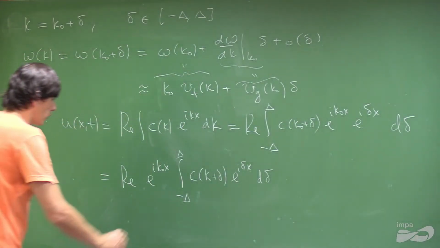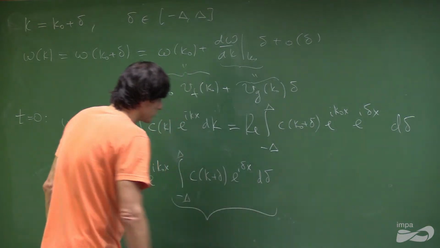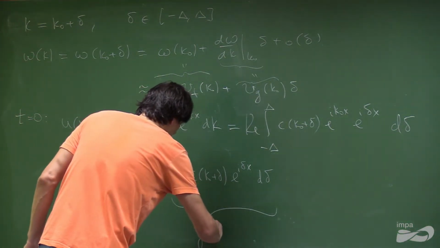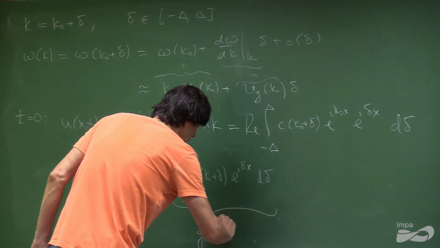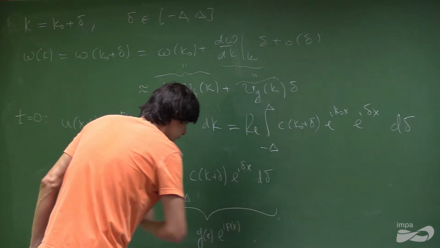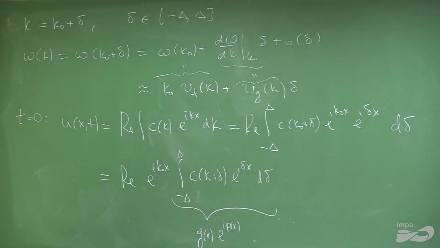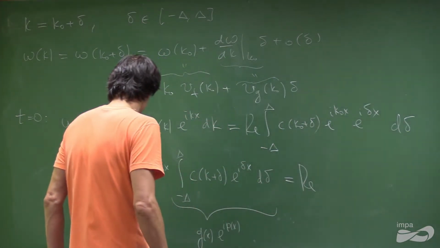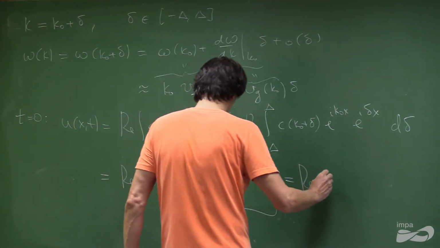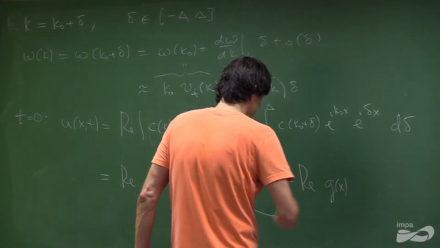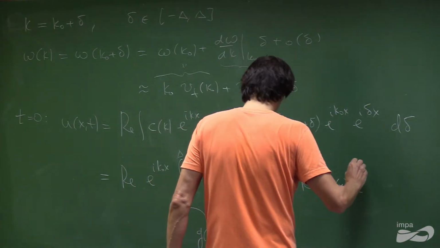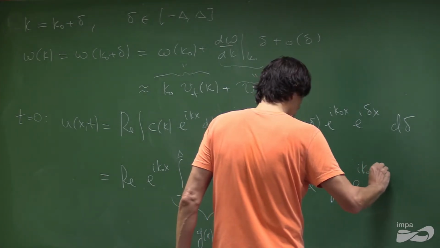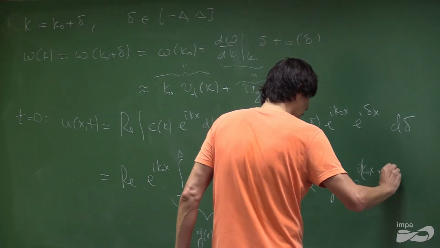Now we call this function, which is generally complex, g of x: its absolute value, and then phi of x its phase. So this becomes the real part of g of x exponent i (k0 x plus phi of x).